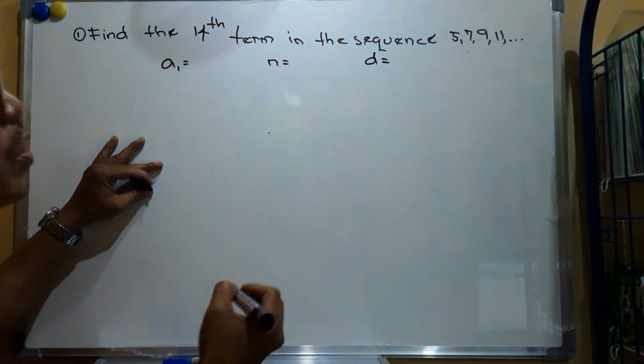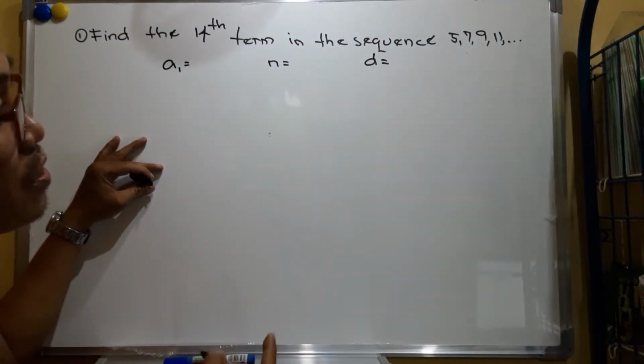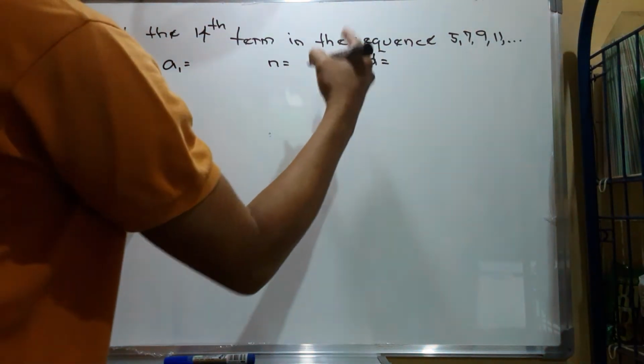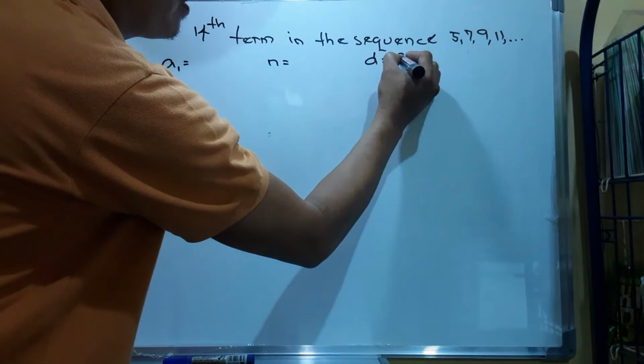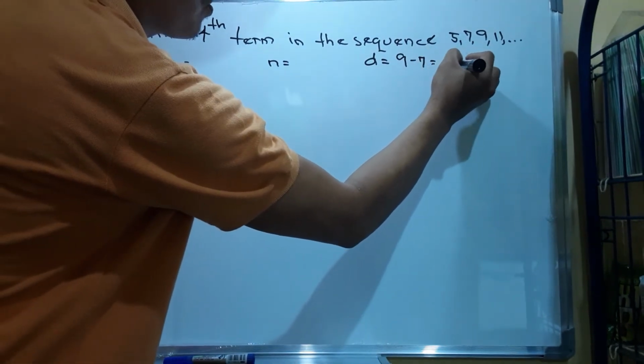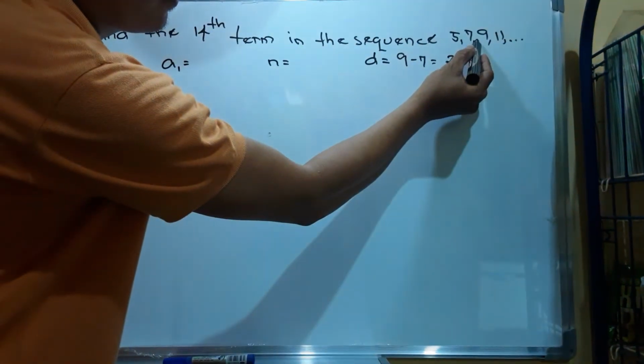In finding the common difference, you can use any numbers as long as you're sure that it is arithmetic. For example, I will use 9 and 7, so I subtract 7 from 9. That is 9 minus 7 equal to 2. So 2 is my common difference.